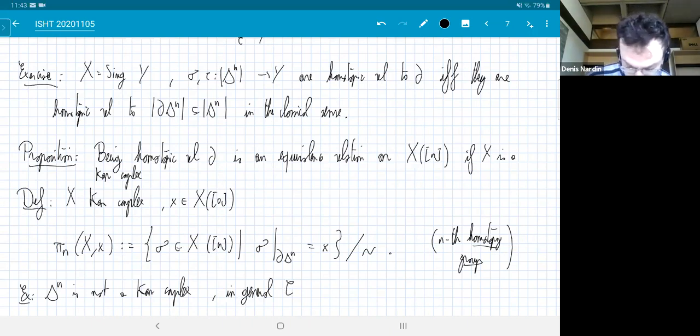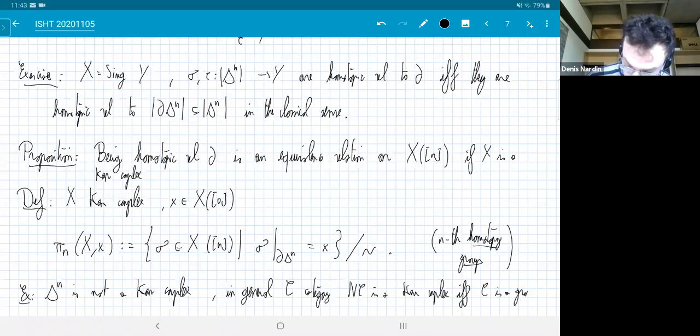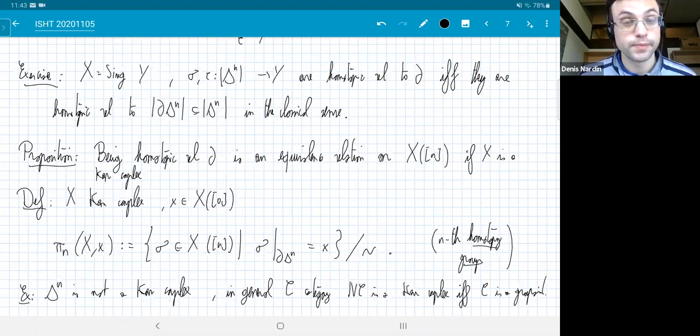C a category, and the nerve of C is a Kan complex if and only if C is a groupoid. Kan complexes are occasionally also called infinity groupoids for this reason, but this terminology will become clearer, I think, in a couple of lectures when I'll start talking about coherent nerve and coherent diagrams, etc. Okay, thanks.